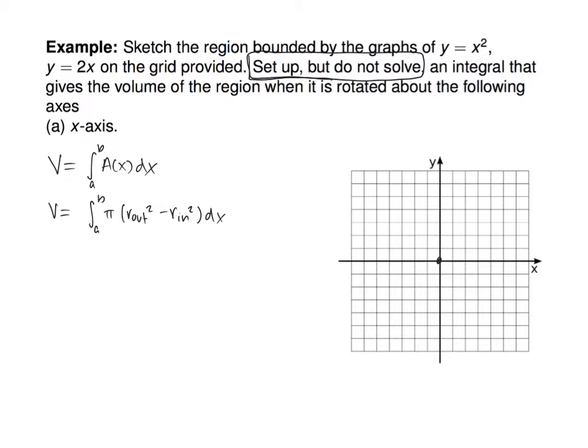Goes through 0, 0, 1, 1, 2, 4, right? So where does y equals 2x start? The origin. And then it rises 2, runs 1.